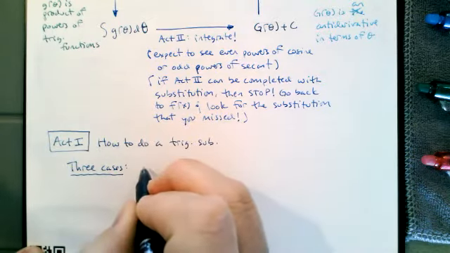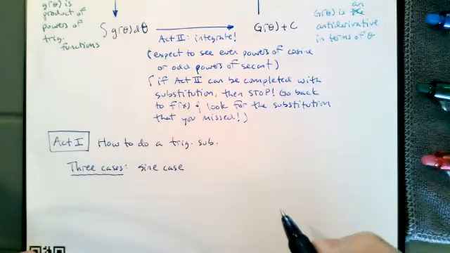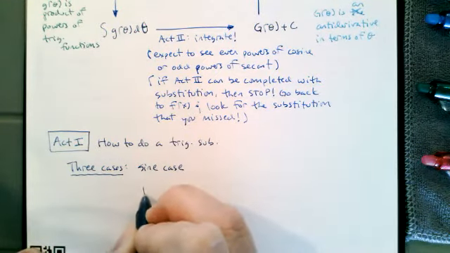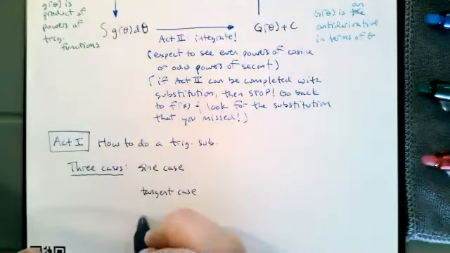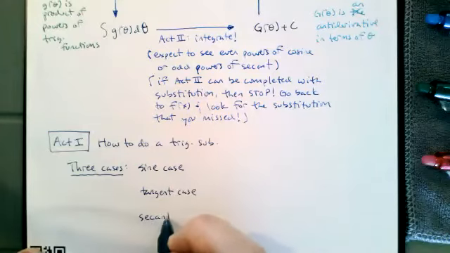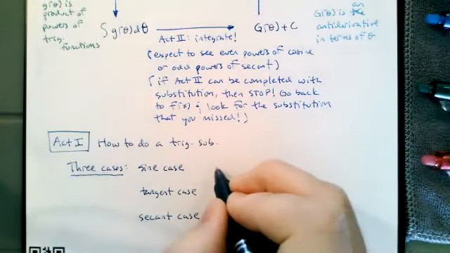There's the sine case, there's a tangent case, and there's a secant case. The sine case is where you see a quadratic of the form a squared minus x squared.